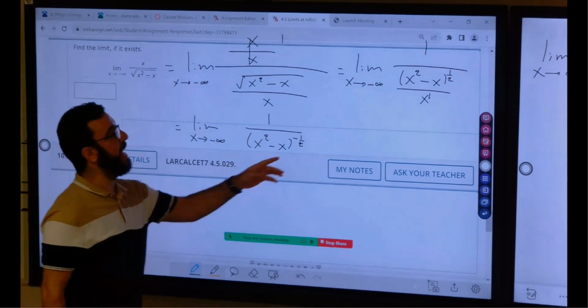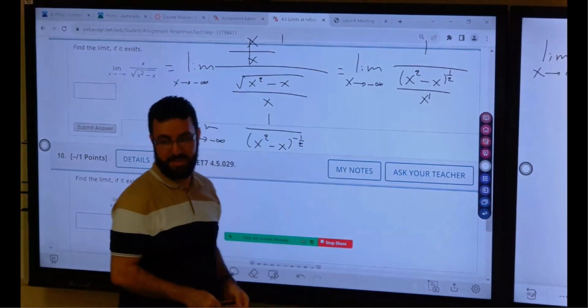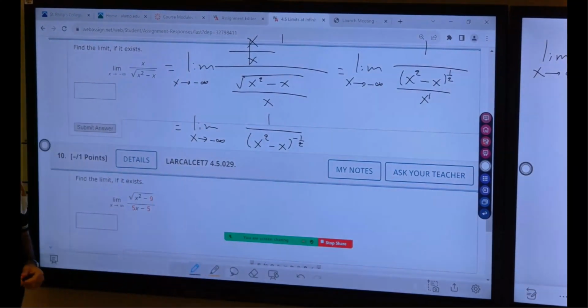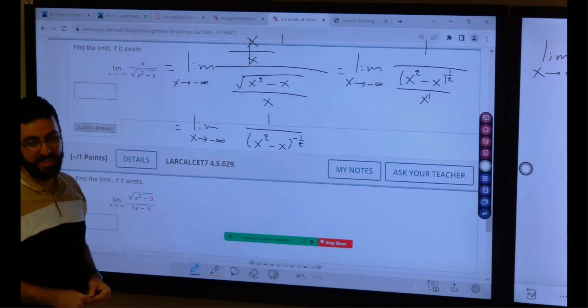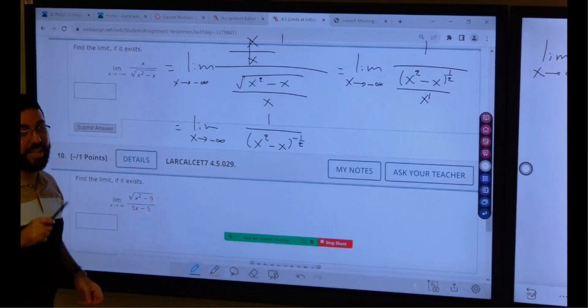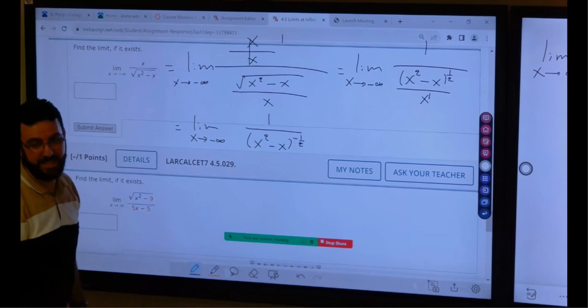Can you say half minus 1? Yeah. Why? If you substitute what's in parentheses for a variable, you can do it, but only in one case: if it's the same variable, the same base. Here it's 1 minus 1, which is 0, and x to the power 0 equals 1, because it's the same base.